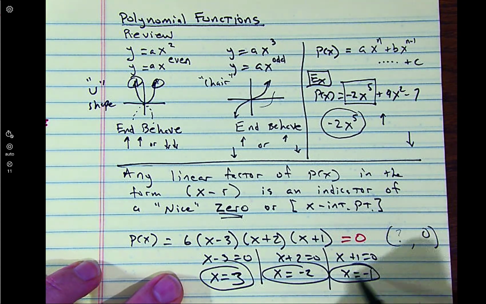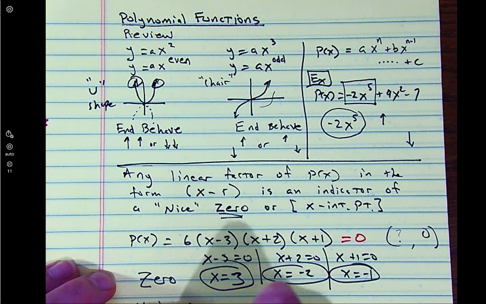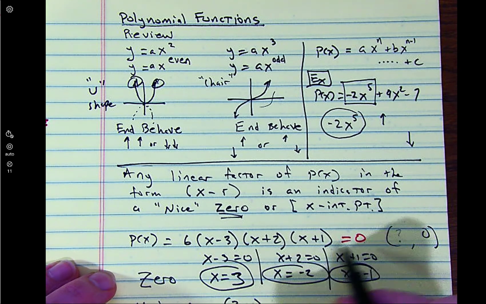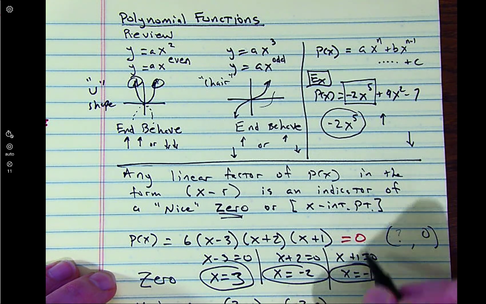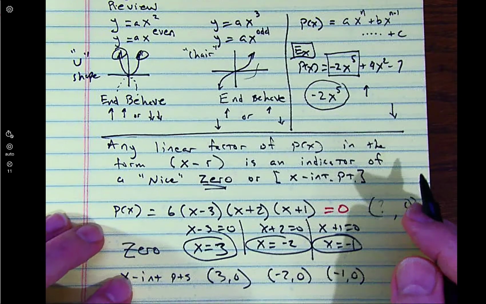So these are all x-intercept points. I can call them zeros, or I can call them x-intercept points if I write 3, 0. Because when x is 3, y is 0. Negative 2, 0. When x is negative 1, y is 0. So zeros and x-intercept points are very related ideas here.